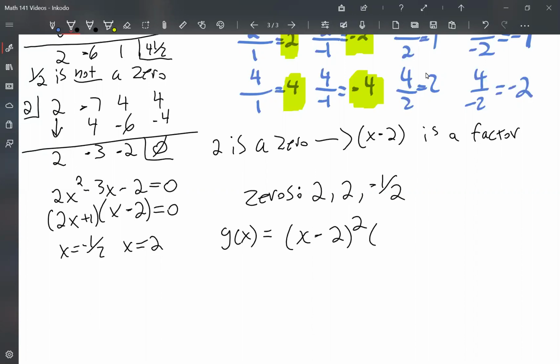And you could write x plus 1/2, but that doesn't look great. So we're going to write 2x plus 1, which is the exact same binomial that we had before. And so we have our g of x now completely factored into this nice factored equation, which is going to help us for graphing or for interpreting zeros or anything like that.